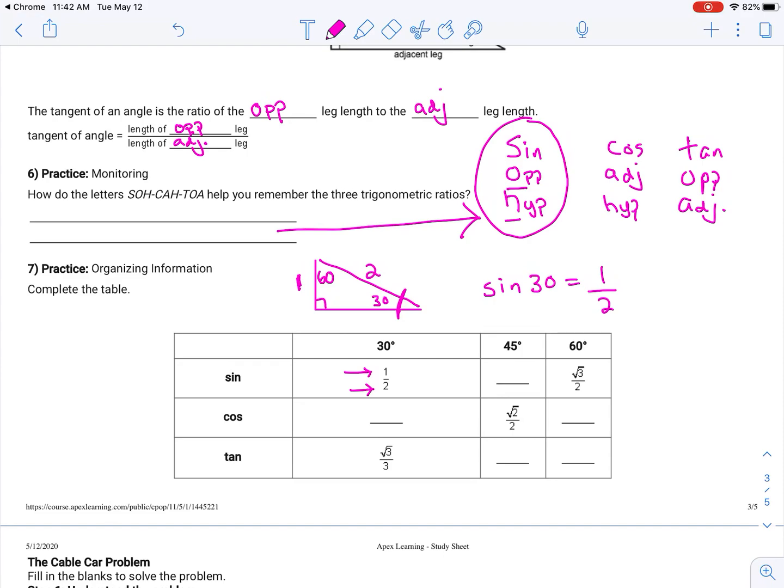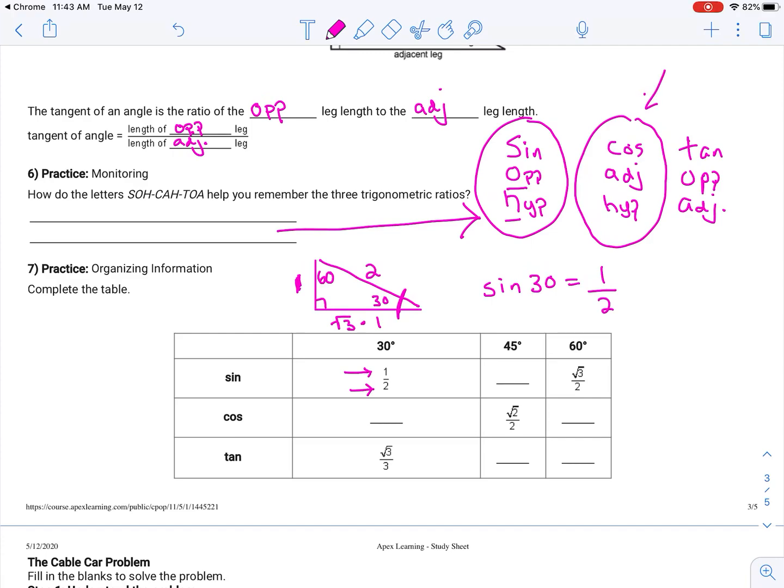Okay. All right, let's do now the cosine of 30. Okay, so cosine is adjacent over hypotenuse. So if this is a half, 1 and 2, do you remember what the long leg of a 30, 60, 90 is? Well, it would be the square root of 3 times the short leg, which is 1 in this case. So it would be the square root of 3.